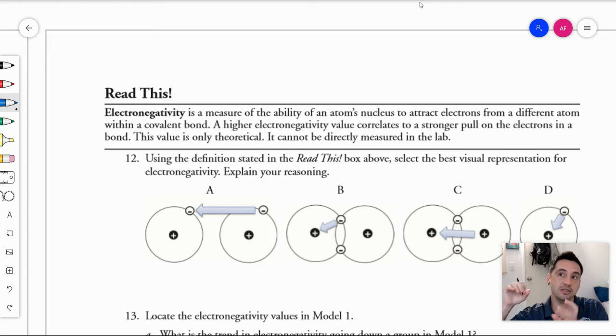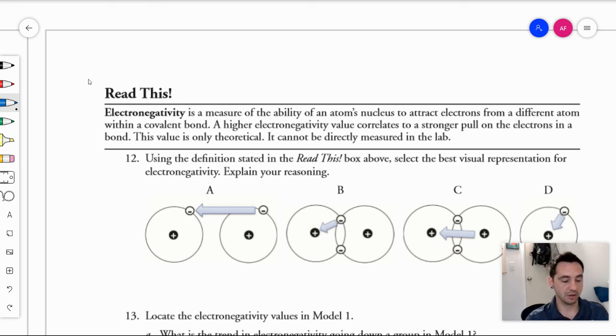Okay, so when two atoms come together, how strongly does that atom pull on the electrons of the other atom? That's electronegativity. Okay, electronegativity really determines how atoms bond. So whether they form ionic bonds, covalent bonds, whether they form polar covalent bonds or non-polar covalent bonds, which we'll talk about actually in the next unit when we talk about bonding.